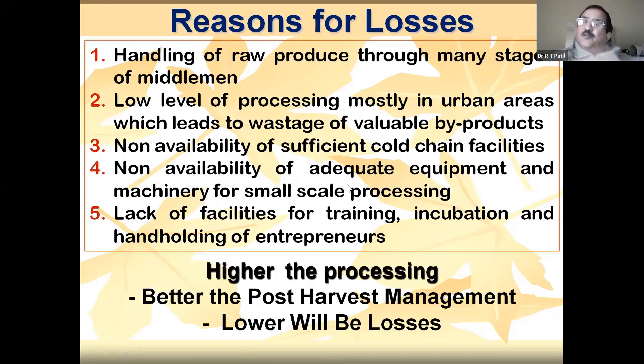But when he sells it to the processor, definitely the processor will give him a little more price, and will also demand the product properly cleaned, graded, and packed, so that he can just take it to the processing industry and further process it, value add to it. So lower will be the losses. If these 3 things are linked together, if you have a higher processing level, there will be better post-harvest management, and very little losses.